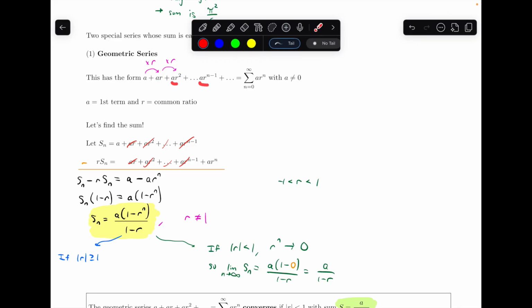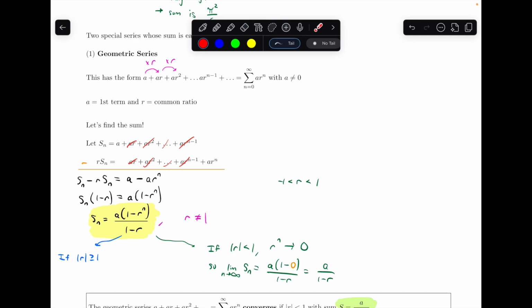So you add bigger and bigger terms, and it's actually impossible to make the whole thing be finite. If r was just 1, then you keep multiplying by the same thing. So the first term is the same as the second, is the same as the third. You keep adding the same number to itself again and again. It's just going to get bigger and bigger.